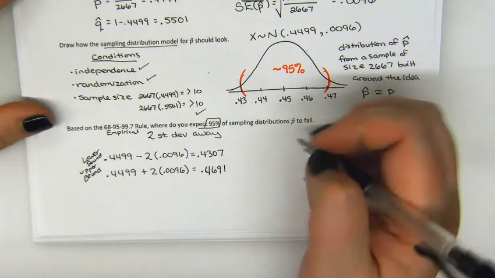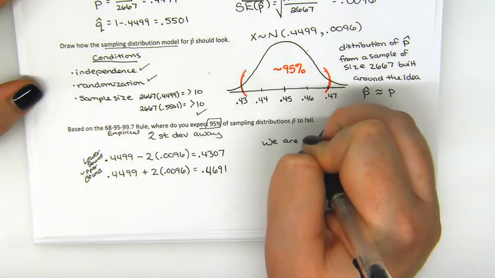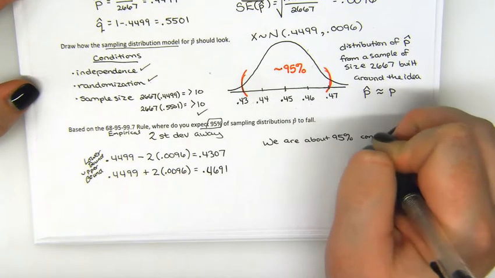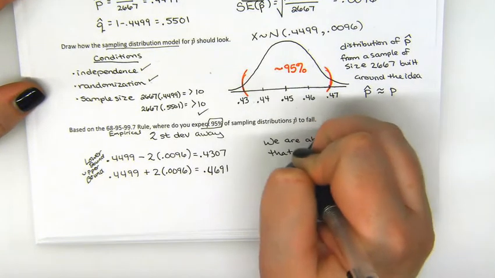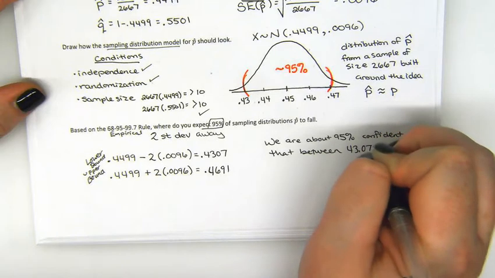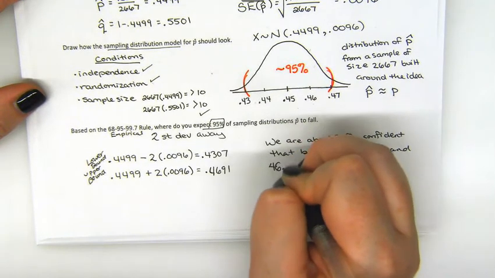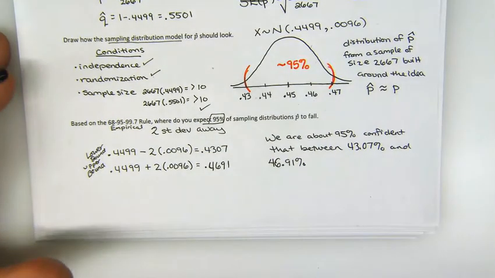So making a sentence here, we would go with, we are about 95% confident that between 43.07% and 46.91%, and then what we can do is talk about this in terms of our population.